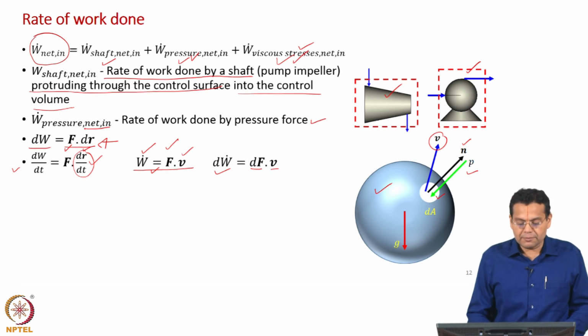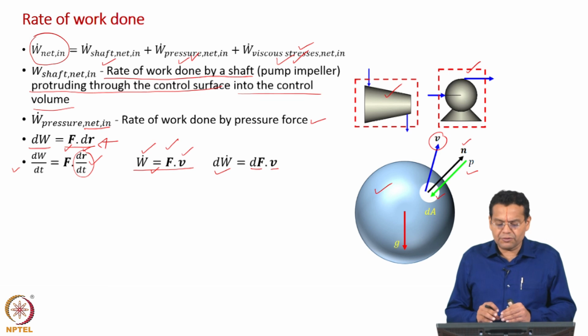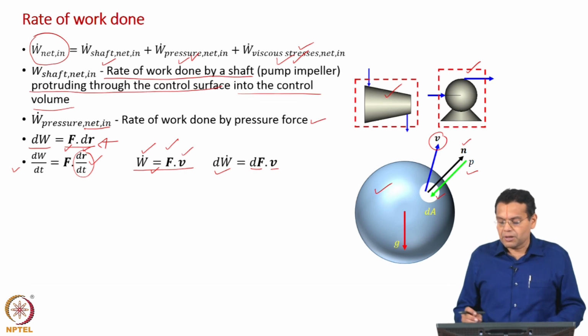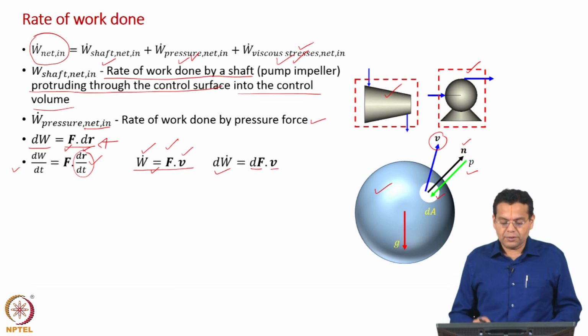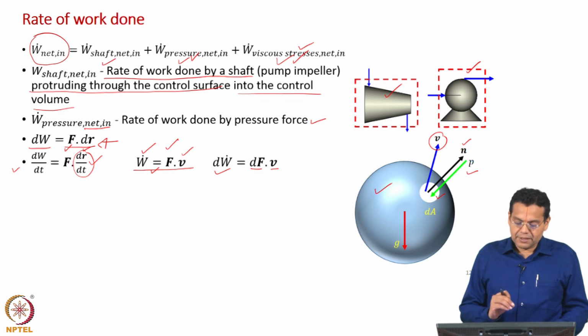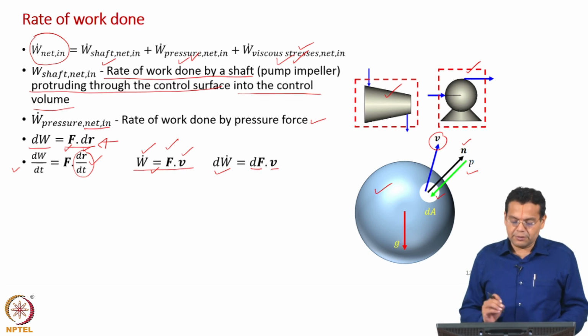So, rate of work done is equal to dot product of the force vector and the velocity vector. We are interested in the differential rate of work done now, because we are focusing on a small area. So, we will write it as differential rate of work done is equal to differential force dotted with velocity. This expression is required to proceed further.